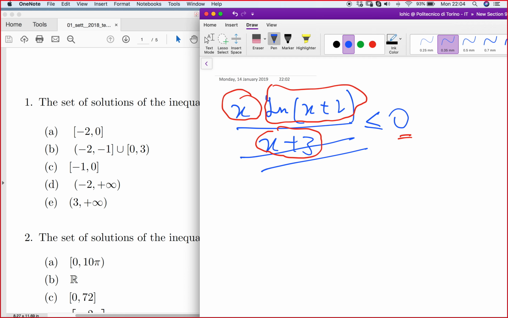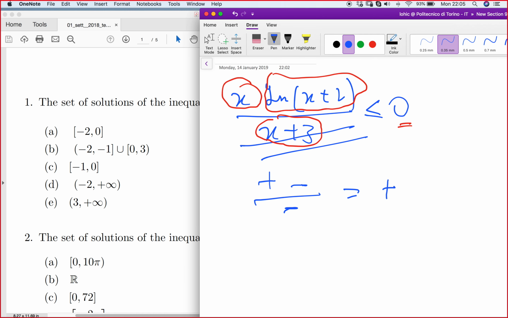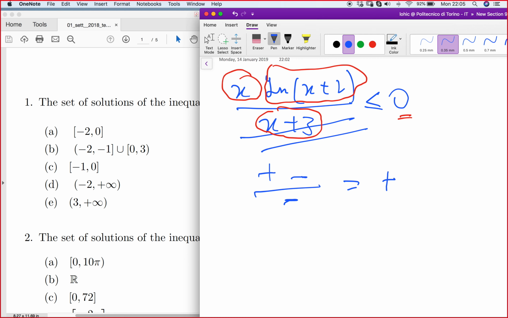If, for example, this x is positive, the logarithm is negative and the denominator is negative, what will be the total sign of this fraction? Plus, yes, in fact it will be positive, right? So if I know the sign of every component, I can recover the sign of the whole fraction. When the fraction is like this, we say that the fraction is already factorized.